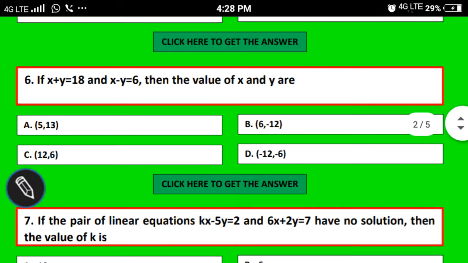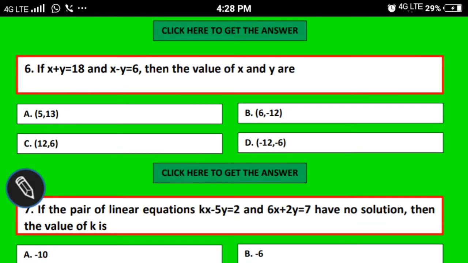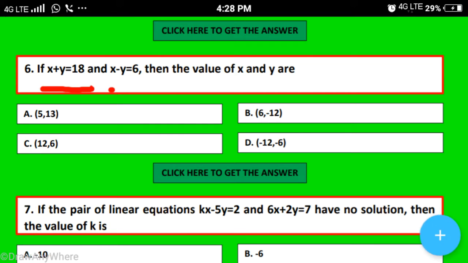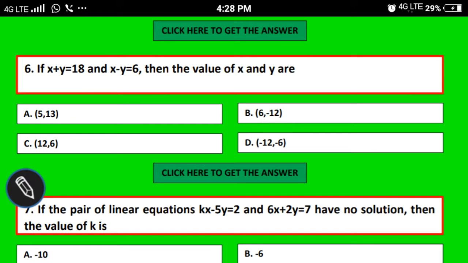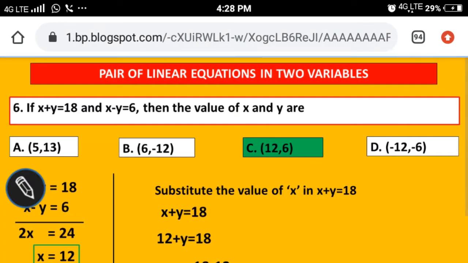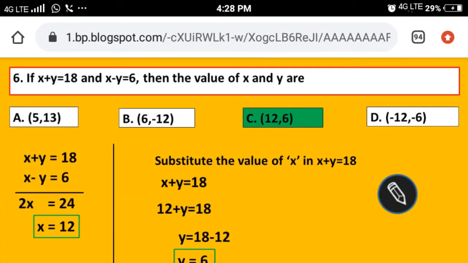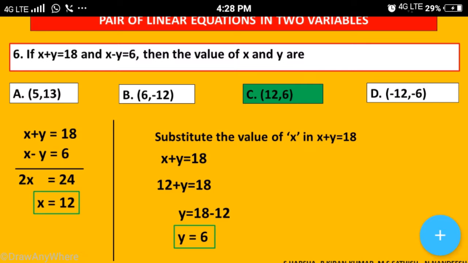The next one is, if x plus y equals 18 and x minus y equals 6, then the values of x and y are, we have to use the elimination method for the simplification. So x plus y equals 18, x minus y equals 6.